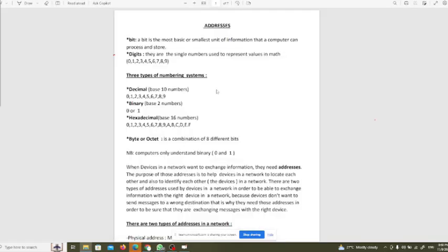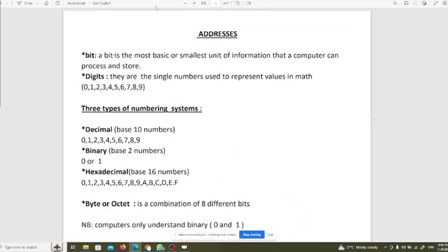Concerning our new topic, we'll go through these files and I will be explaining everything. Our topic today will be about what we call addresses. So today we are going to talk about addresses.